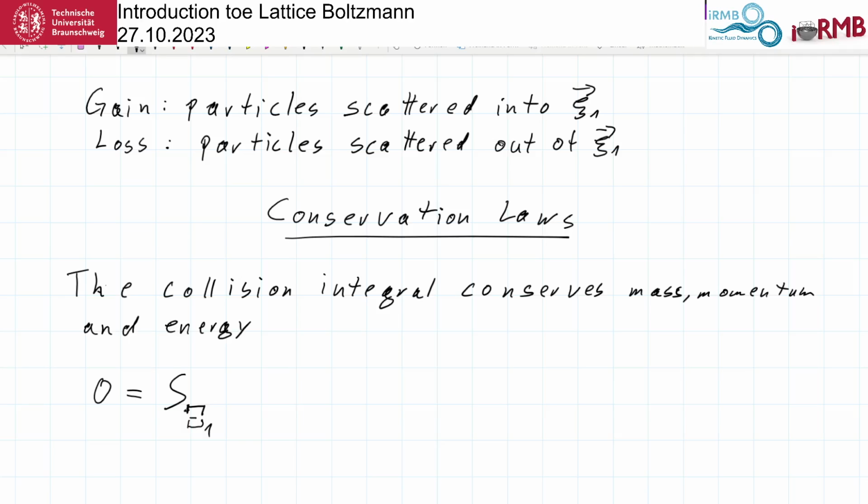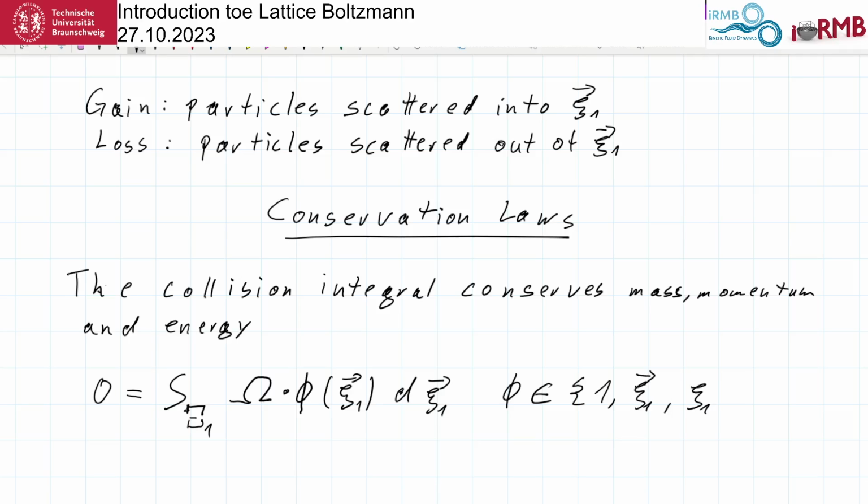Now there's an integration over xi1, the previous was over xi2. So we integrate the collision operator with a kernel function. This is different from the collision kernel. That is a function of xi1, and integrate this again over all xi1. And this phi would be an element of 1, xi1 and xi1 times xi1.